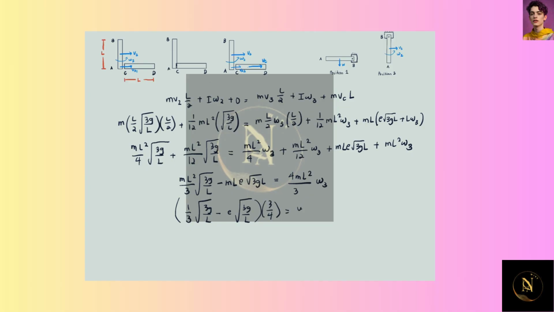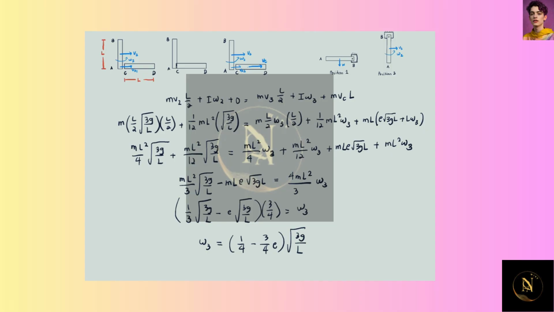Simplifying this, omega 3 equals 1 over 4 minus 3 over 4 e times the square root of 3g over L, where we factored out the square root of 3g over L. So that's our expression for omega 3.